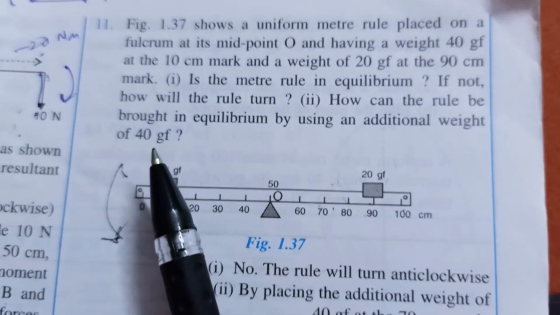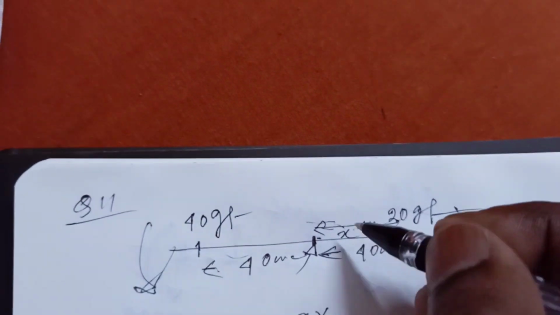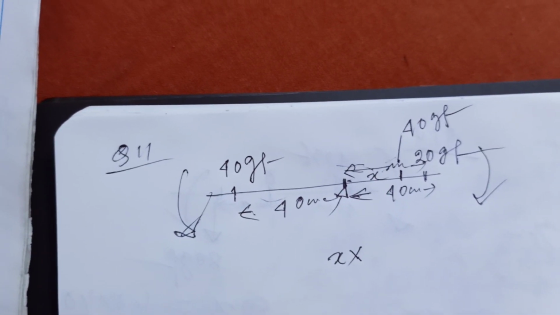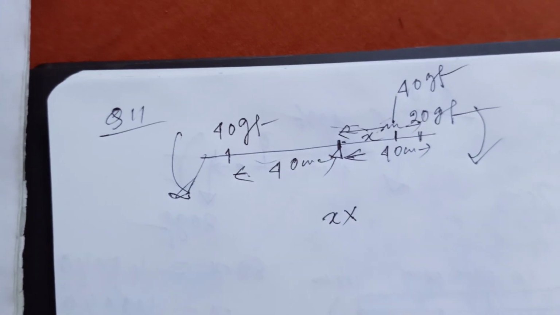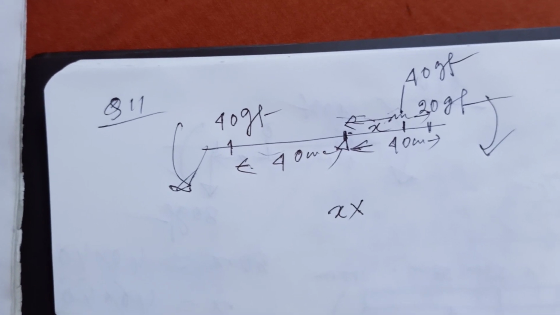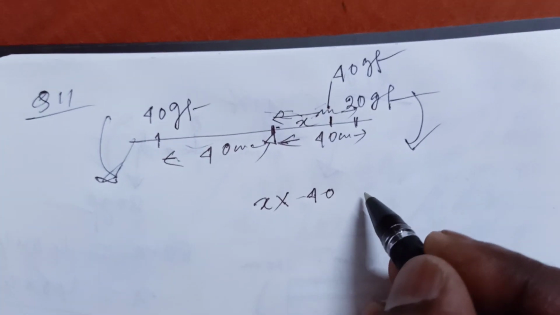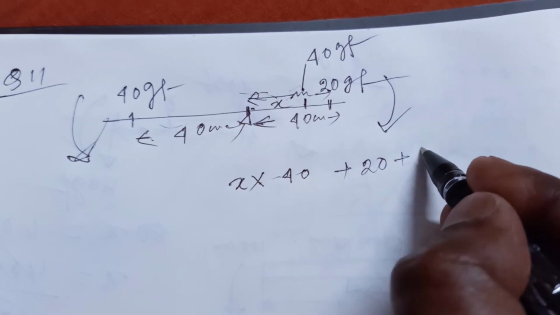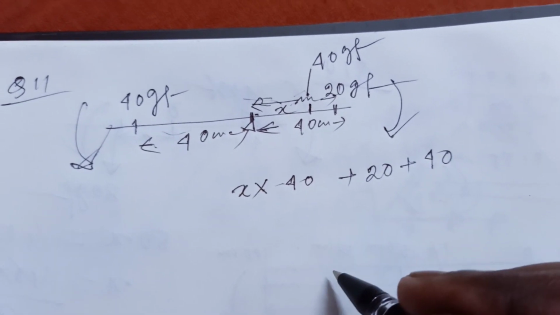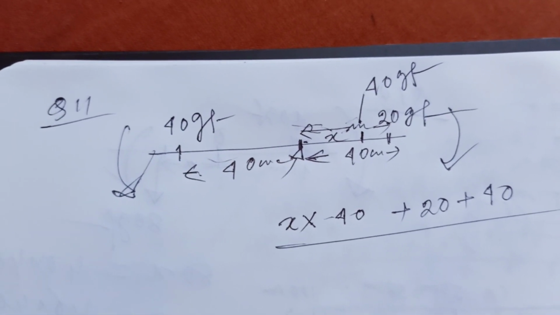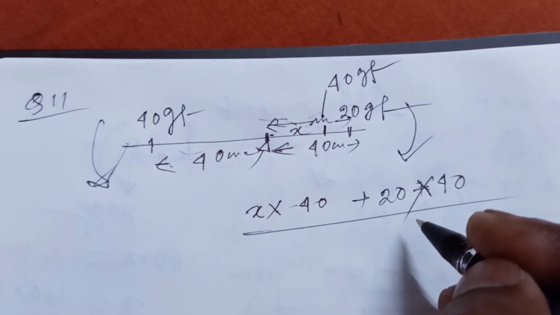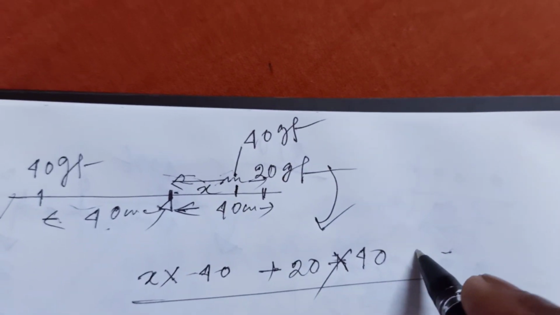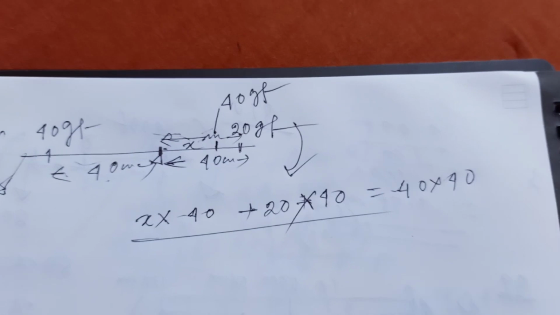So the clockwise moment is x into 40 plus 20 into 40, and the anti-clockwise moment is 40 into 40. So this is equal to 40 into 40.